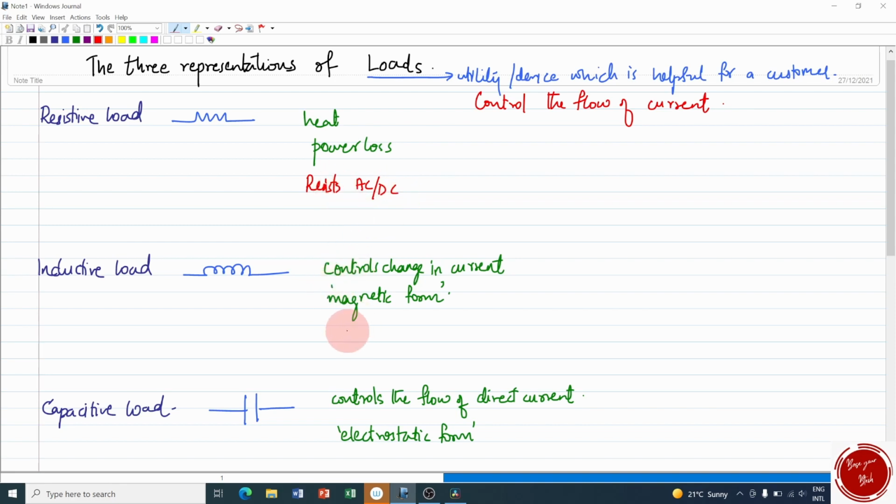The inductor resists AC, meaning change in current, and it allows DC to flow through. A capacitor will resist DC, that is, direct current will be blocked across a capacitor, and it permits AC to flow across it.